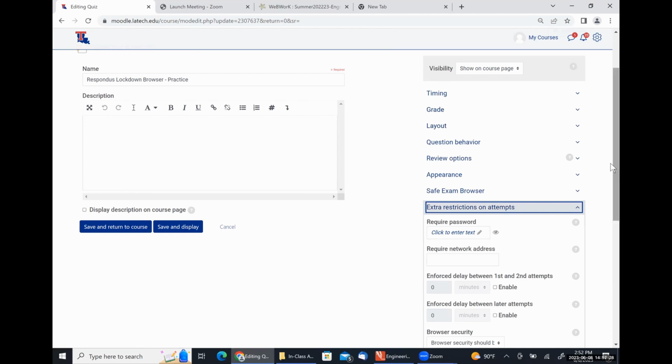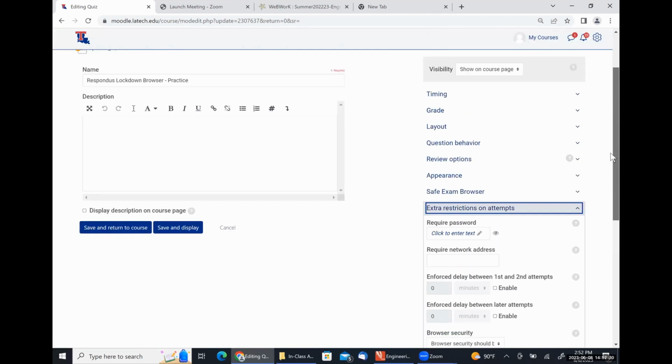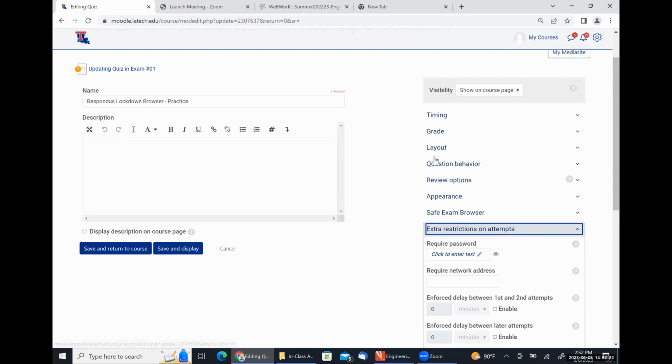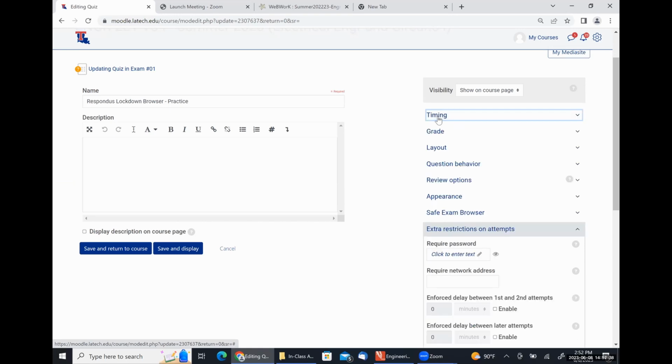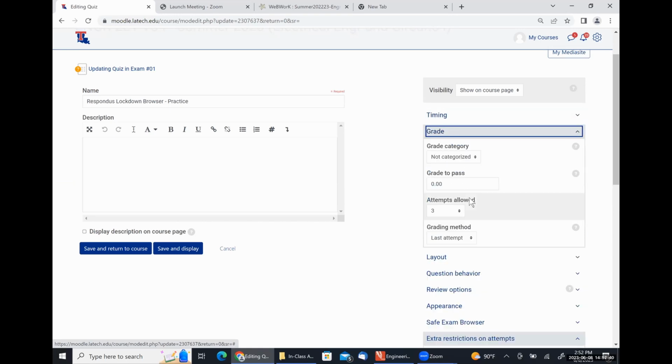I don't think there are any here. Let me look through. Timing is set correctly. Oh, set for 3 attempts allowed. Let's just put it as unlimited, but it shouldn't matter.